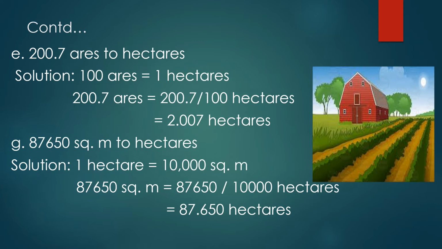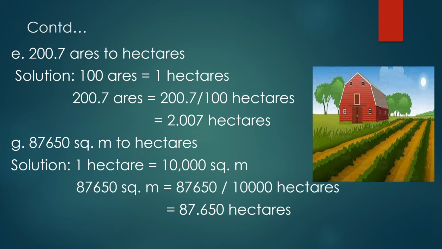It is 100 acres is equal to 1 hectare. Now, 200.7 acres is equal to, again smaller to bigger, we will divide by the conversion. And that's how 200.7 divided by 100, which is equal to 2.007 hectares.